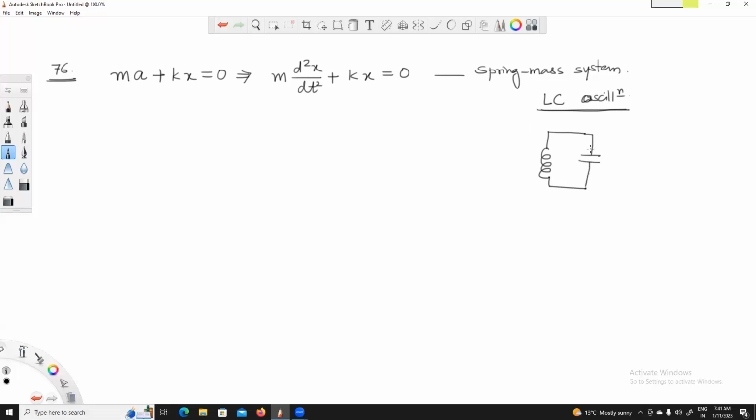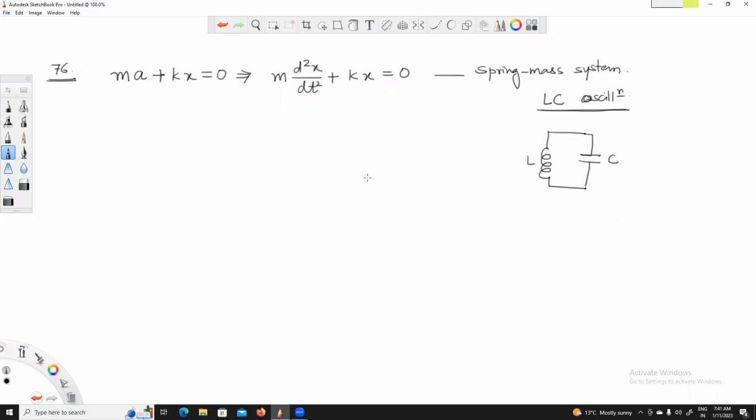Whatever energy is lost by the capacitor is gained by the inductor, and vice versa. If your capacitor is charged, it will start discharging and set up a current flowing through the inductance, and at the same time this current flowing through the inductance will again recharge your capacitor.